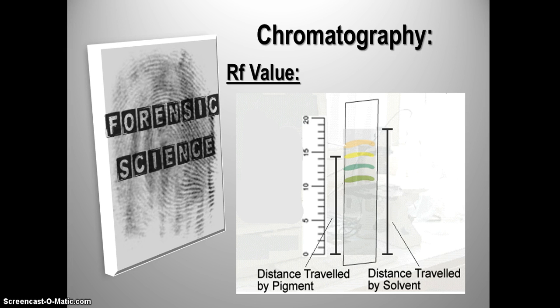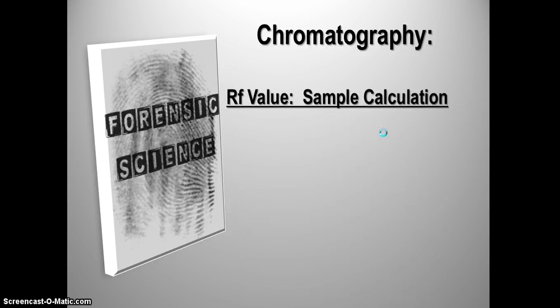Let's look at this example. The chemical that's yellow in this example, right here, traveled about 14 centimeters. The distance the solvent traveled is about 18 centimeters, or millimeters, I'm sorry.